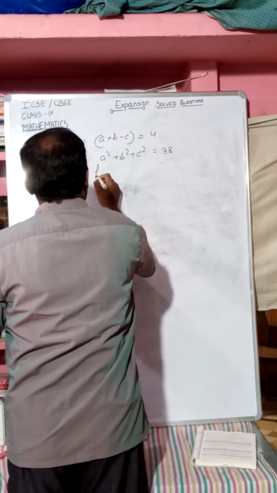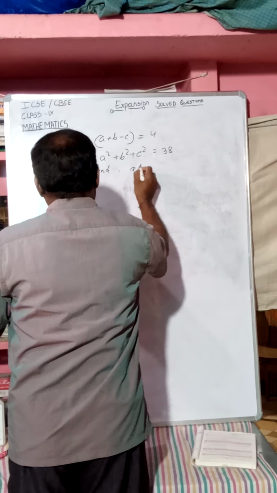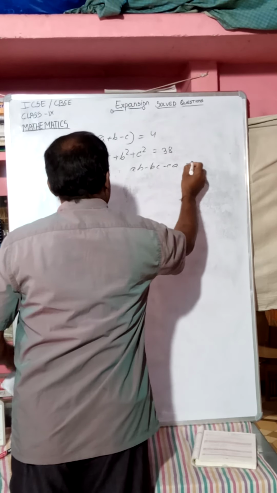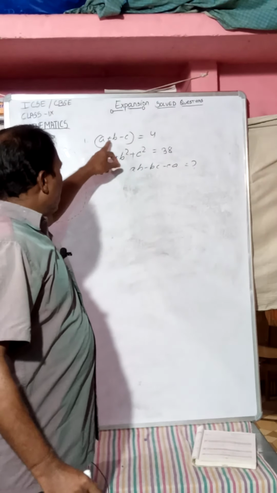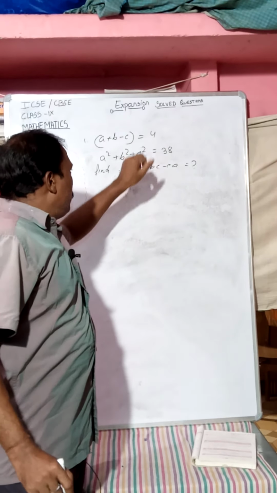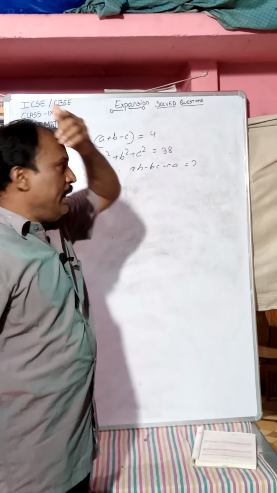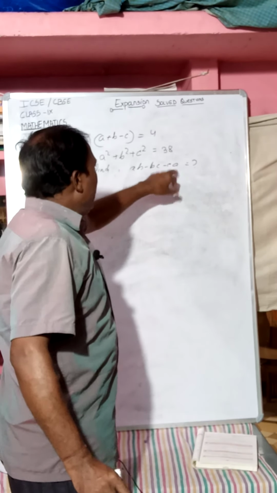Find ab minus bc minus ca is equal to how much? Here the given points are a plus b minus c is equal to 4 and a square plus b square plus c square is equal to 38. So what is the value of ab minus bc minus ca?